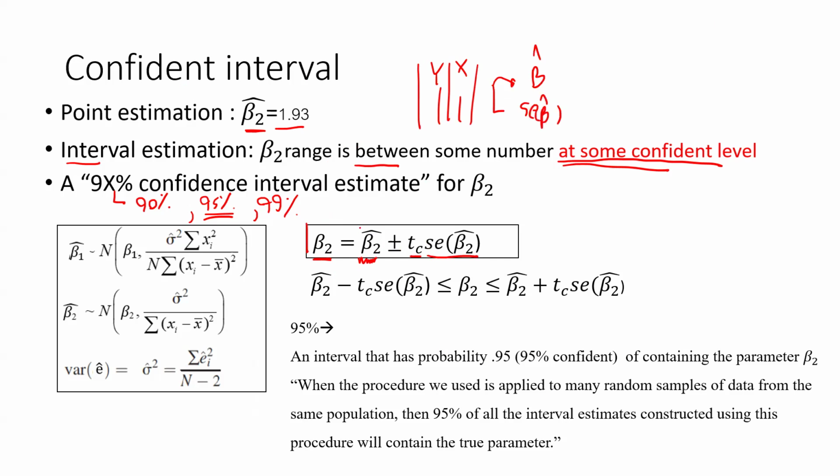So we have this data, we have this data. What is this? This is called the critical t. To construct the confidence interval, we have to know how to find it from the t distribution.